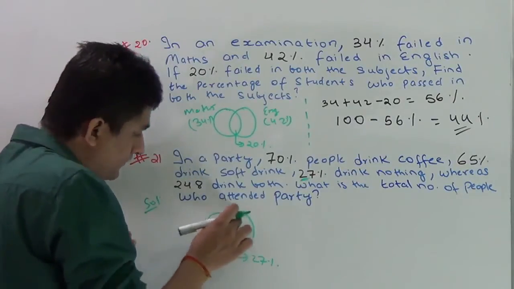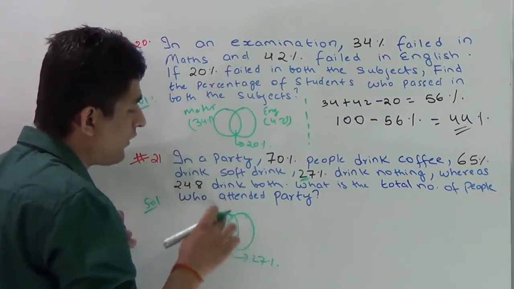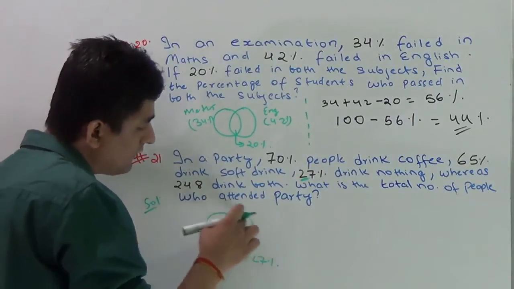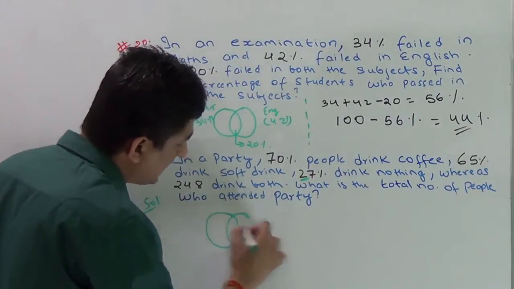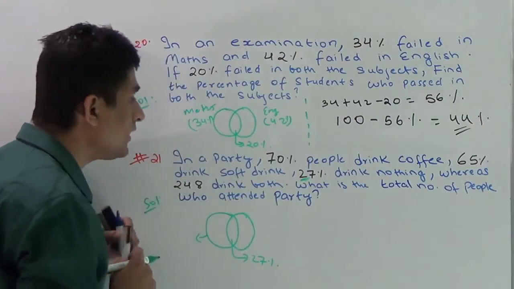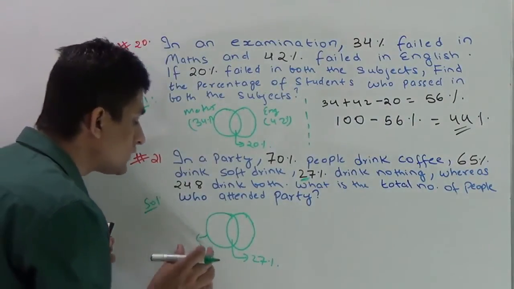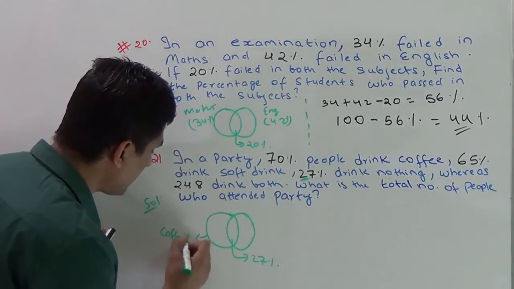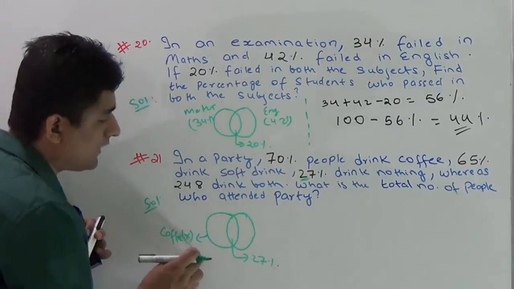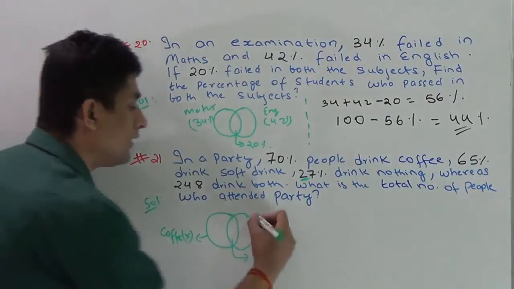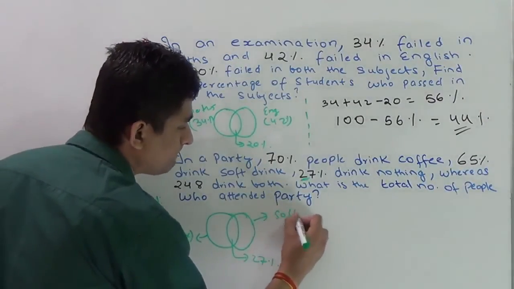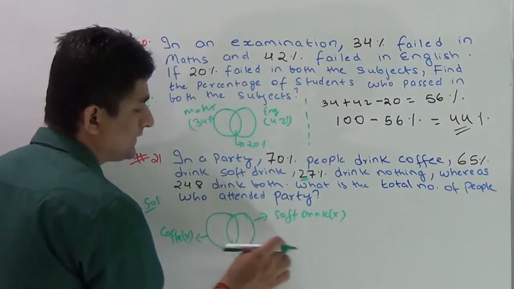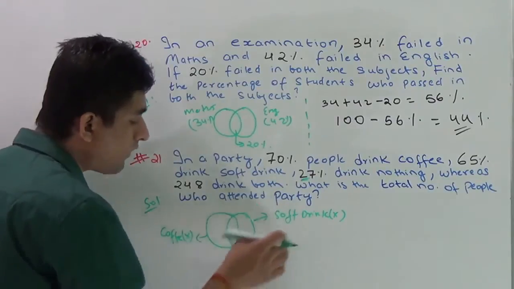If I have found the common region, I can easily tell what each circle will represent. This circle will represent the section of people who do not drink coffee, so I have represented it by a cross mark. This one represents people who do not drink soft drink, again a cross mark. Why have I done this?